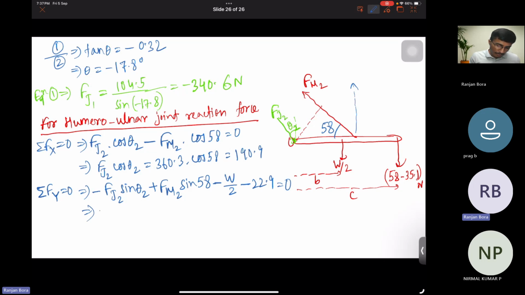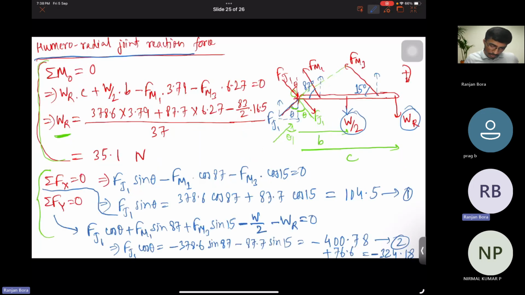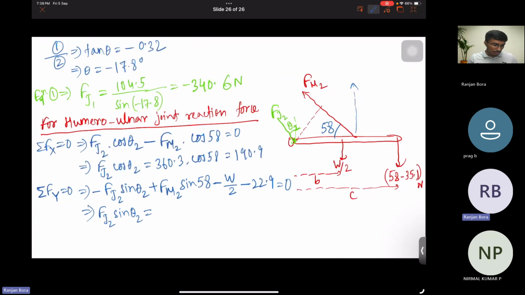From here, FJ2 sin theta 2 will be 254.9. So it is equation 1 and equation 2.